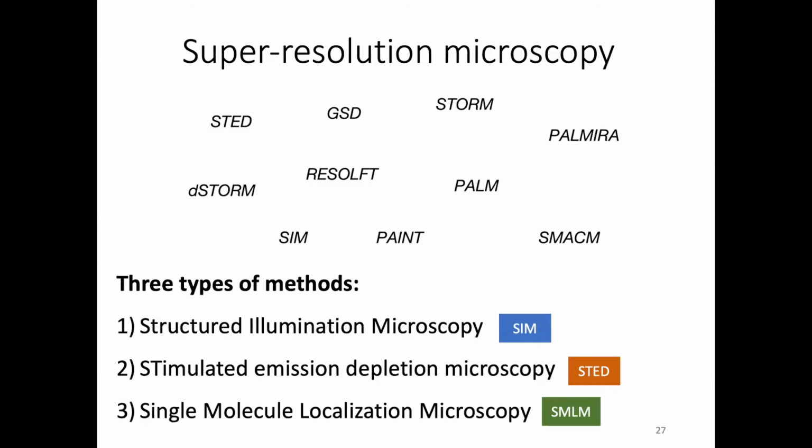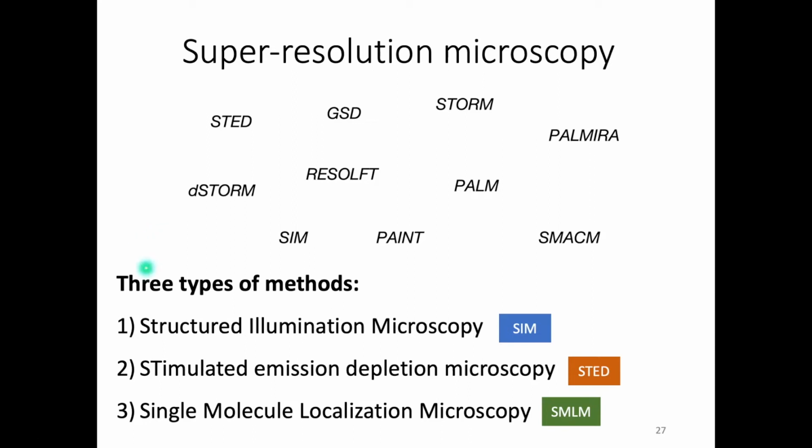So now we come to the different ways of achieving super resolution microscopy. There are many, and scientists love acronyms. There are many techniques now in use, and all of them are commercially available through companies like Nikon, Leica, Zeiss, all the microscope builders. But they can basically be divided into three different methods.